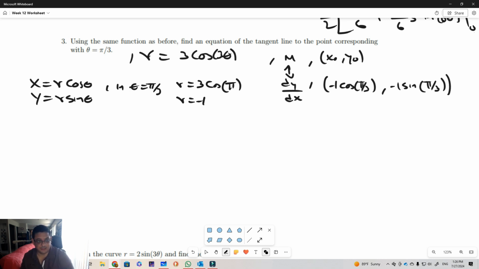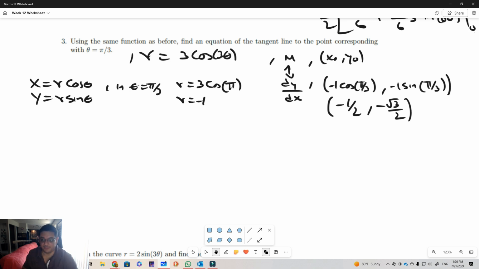So this is going to give me the point minus 1/2, and for the sine, we're going to have square root of 3 over 2, or in this case, with the minus, minus the square root of 3 over 2.